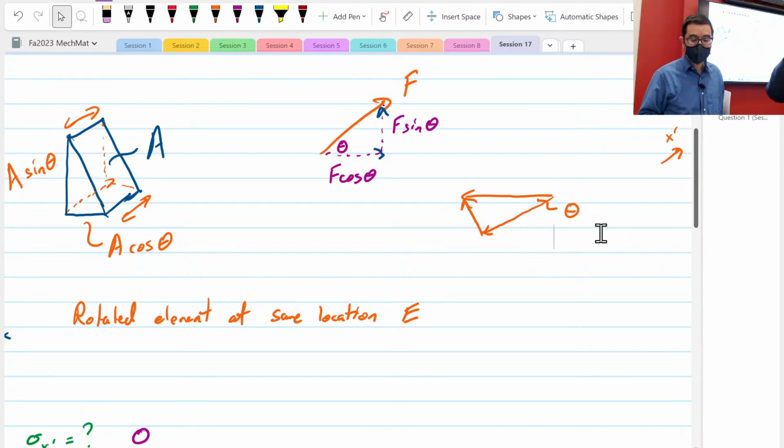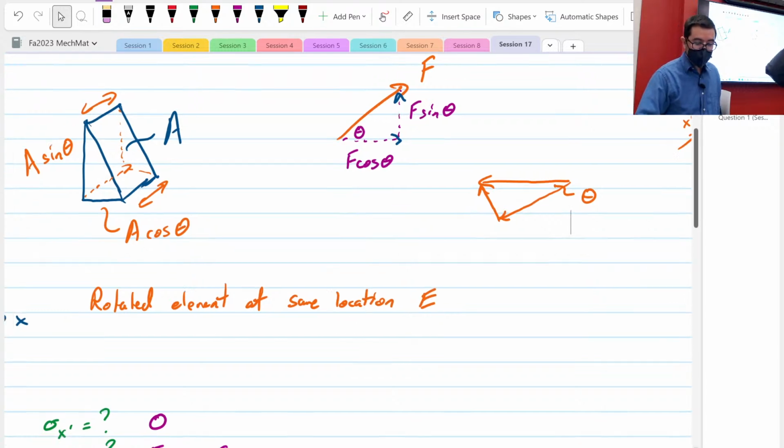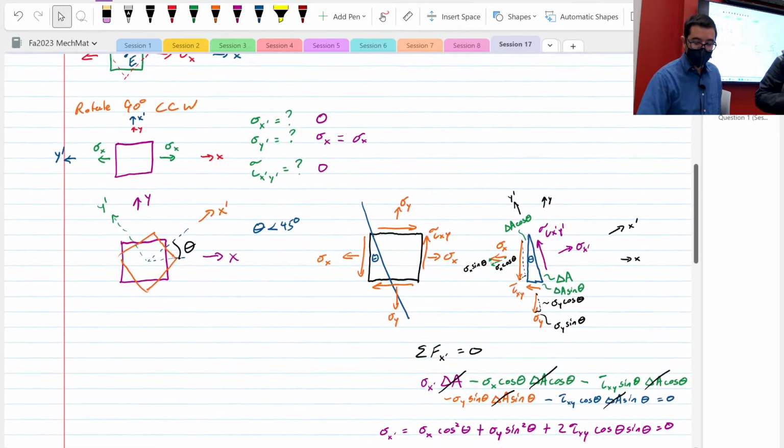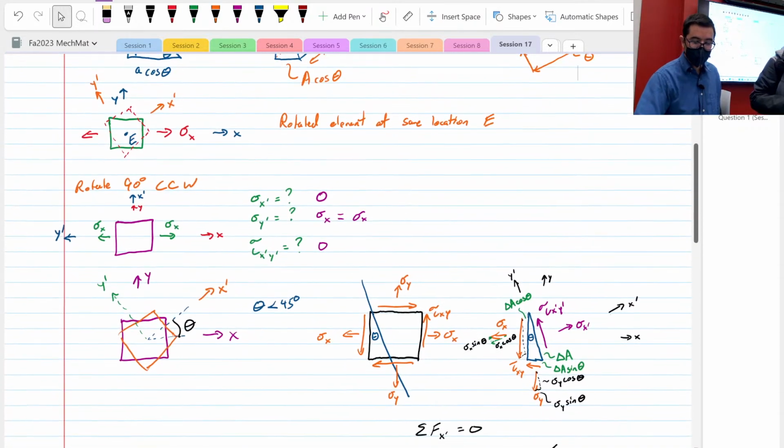For shear, if the sigma is this way, we draw a line parallel to the shear stress, and then connect it with some random line. Shear stress is a little bit different, but the same principles apply.